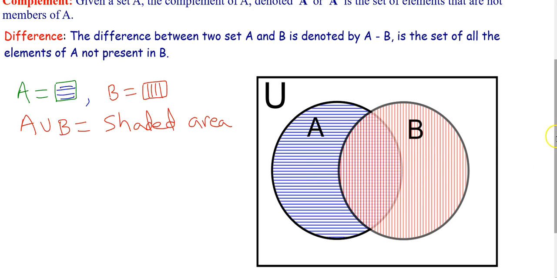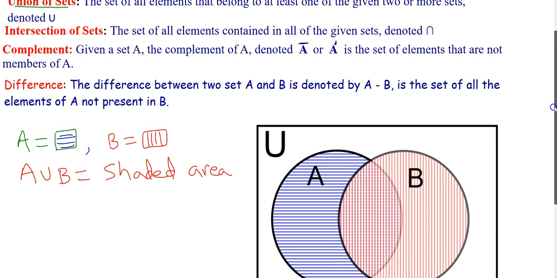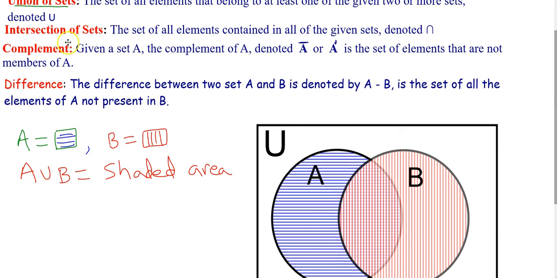Okay, now what is intersection? Intersection of sets is the set of all elements contained in all of the given sets.